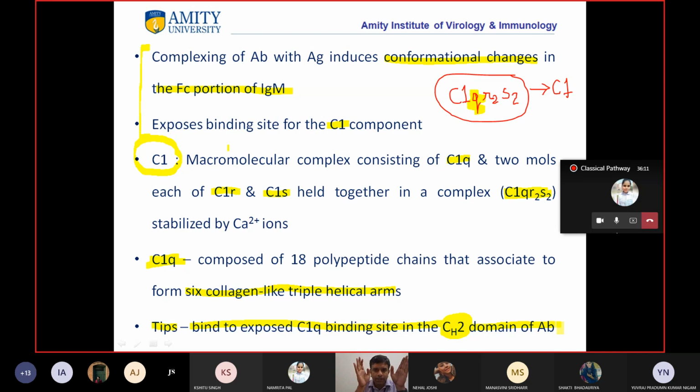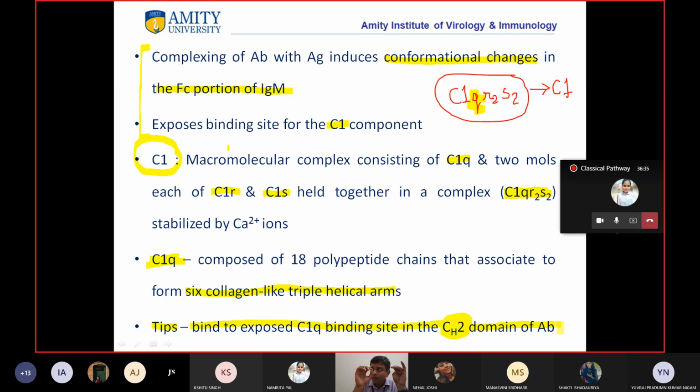So now again just remember in your mind the structure of the antibody. It has the CH1 domain, CH2 domain, CH3 domain, right? Now where is your CH2 domain? Below the disulfide bond, right?